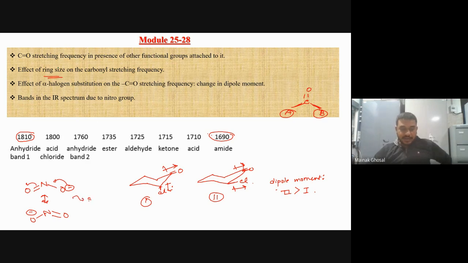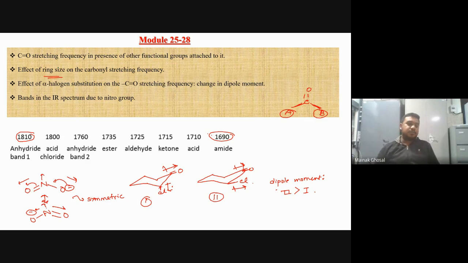One is symmetric stretching, where you stretch these two bonds. Since nitro is non-linear, if you stretch it, the position of N will move. Why? Because it is a non-linear molecule, to keep the center of gravity constant, it will need to move in some direction. So the dipole moment will change, and in the asymmetric mode you just give unequal movement.